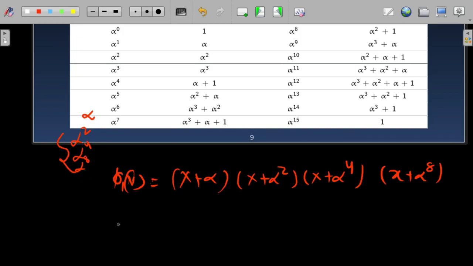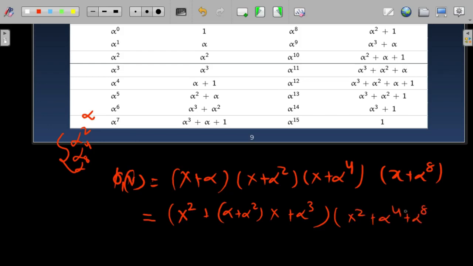Now if you multiply these, you will have x square plus alpha square times x plus alpha cube as one factor. The second factor is going to be x square plus alpha 4 plus alpha 8 times x plus alpha to the power 12.